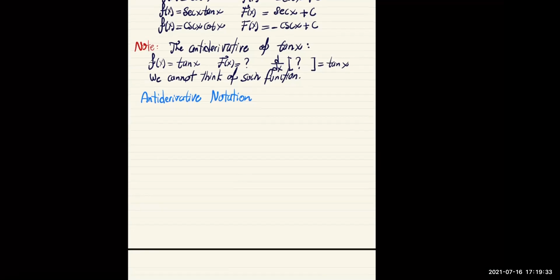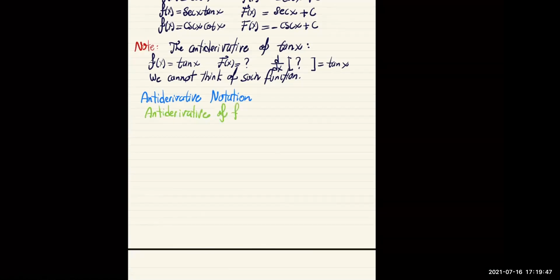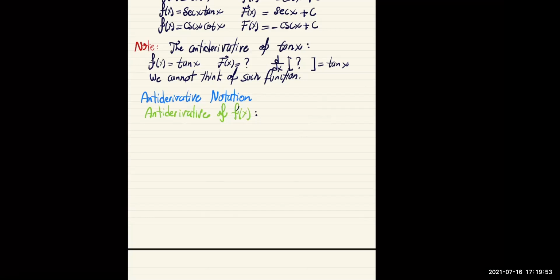So instead of writing antiderivative of f of x, we use the following notation. If it's derivative, it's d dx.